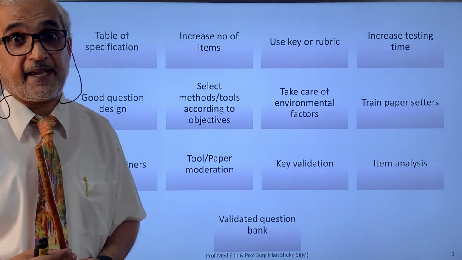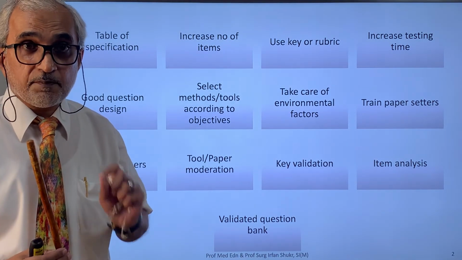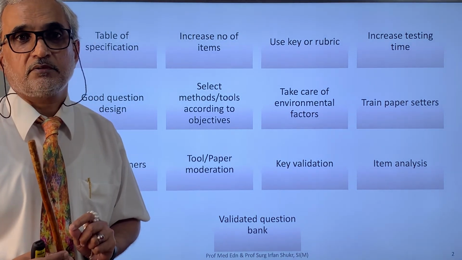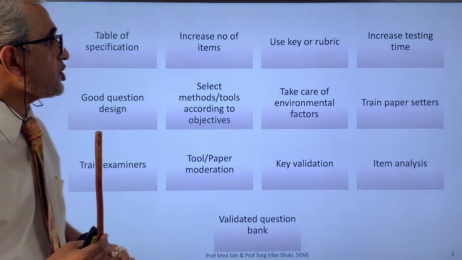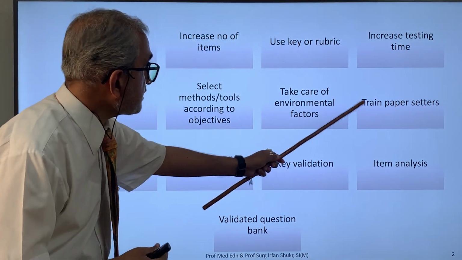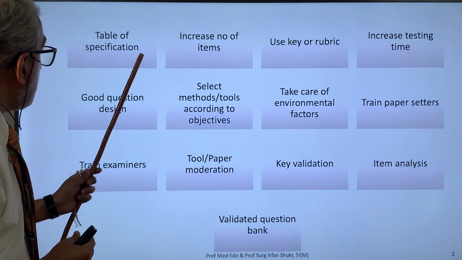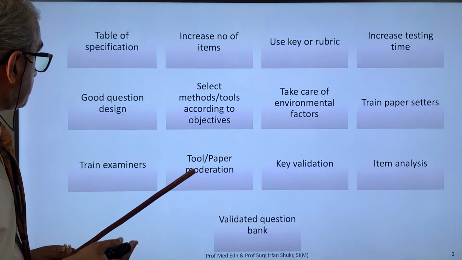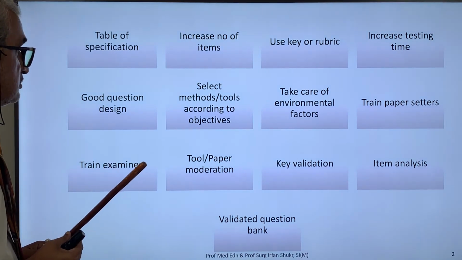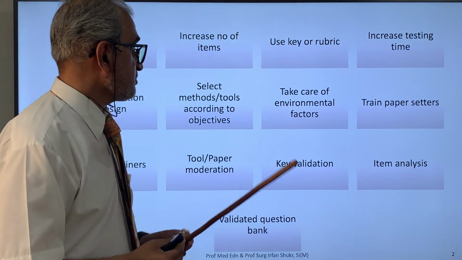And the question bank has to be there. A question bank that includes validated questions which have gone through the procedure, made by paper setters. Proper tool is there for the question. Question design is good. Item analysis has been done.